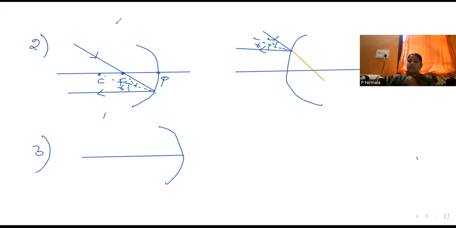For example, in our room, the light source is a bulb, any electrical bulb. From that bulb, many rays come out. We are talking about only one ray for our understanding purpose. So one will be directly incident to the mirror, one passes through the focus point, and another one passes directly through the center.